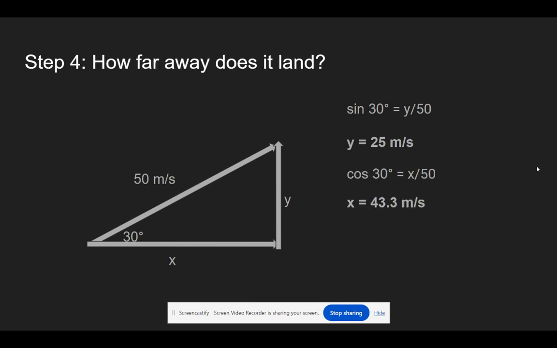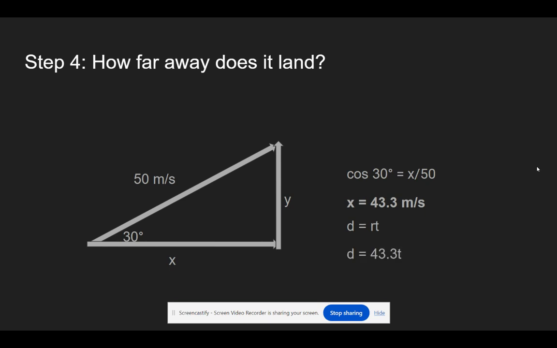Now that we know that, we're able to answer the question, how far away does it land? And when we're thinking about how far away it lands, we're only thinking about the horizontal motion because how high above the ground it is does not affect how far it's going. We've got the equation d equals rt because it doesn't have any acceleration we need to worry about. It's just a simple distance, rate, time problem.